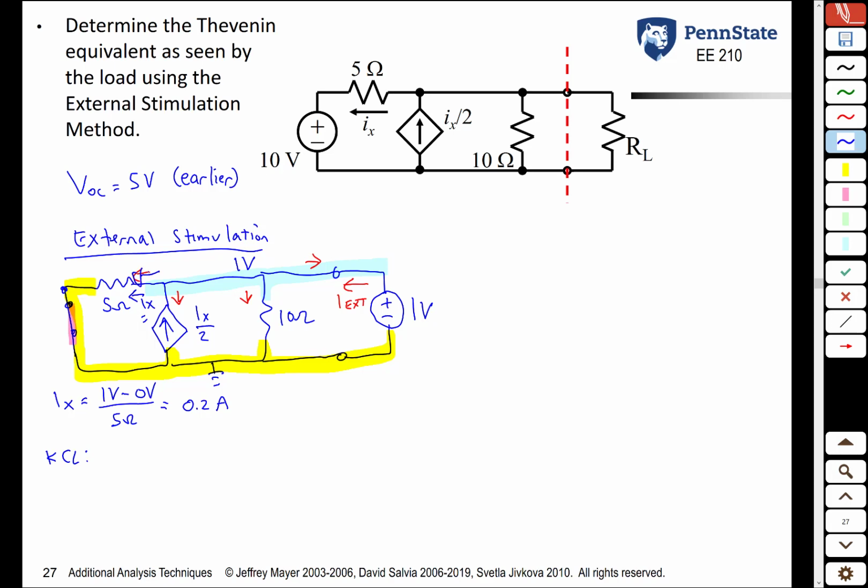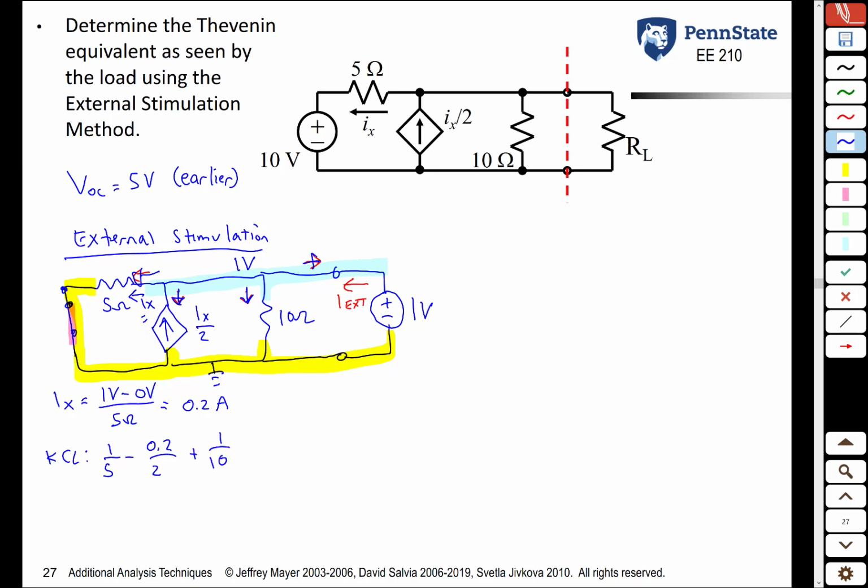We can now do KCL. The current to the left, I just said, it's 1 volt over 5 ohms, so it's 1/5. The current going down is Ix over 2, but Ix is 0.2 amps, so this is going to be minus 0.2 over 2. Current going down here from Ohm's law is 1 volt over 10 ohms.